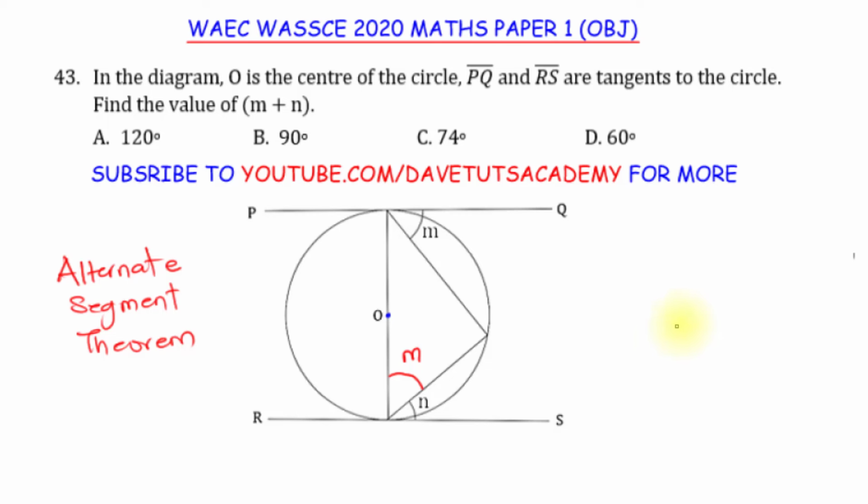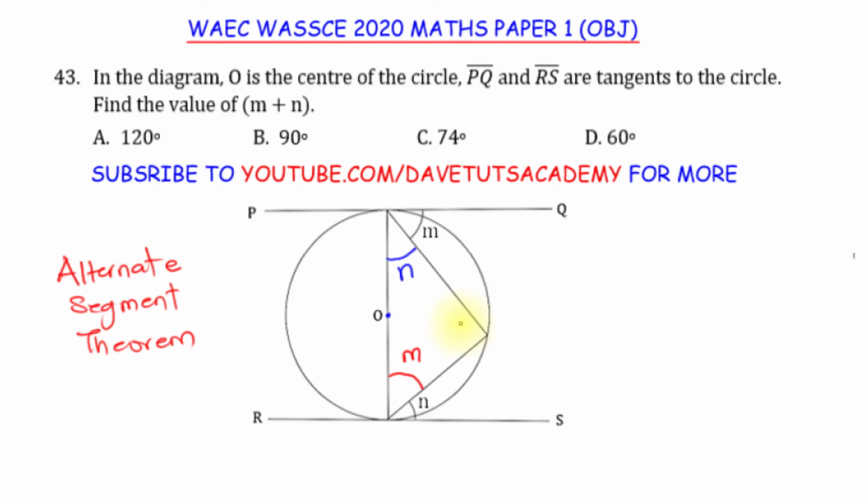That's interesting. In the other case, since we also have the same feature here, the angle between this tangent and this chord, which is given as n, is also equal to the angle in the alternate segment, which is also equal to this angle given as n. So that is the implication of the alternate segment theorem. That is one.